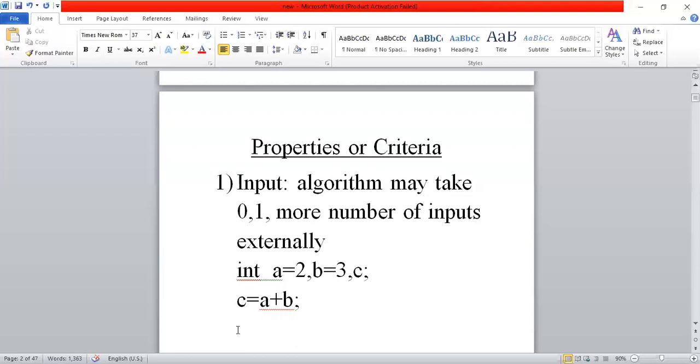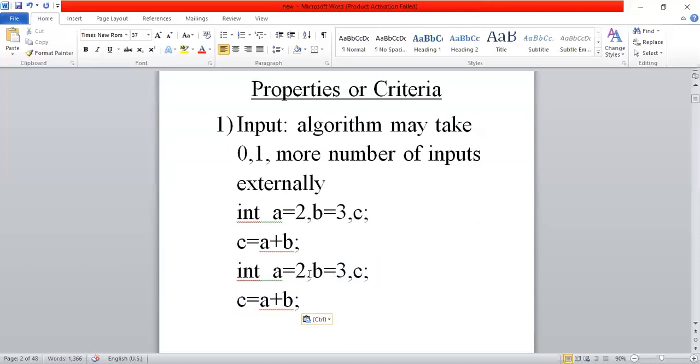Suppose we take the same example, and instead of supplying elements, if you simply declare the values, I'm not writing programming statements here, but in between the declaration part and C equal to A plus B, some more statements are required. Those statements are used for reading the A and B values. So how many elements are required here? 2 elements.